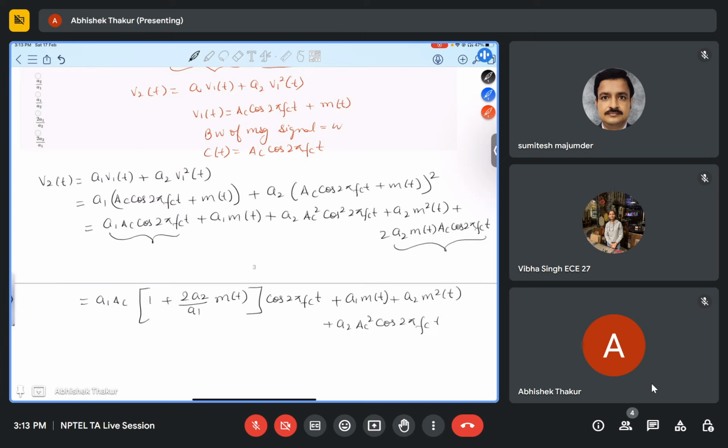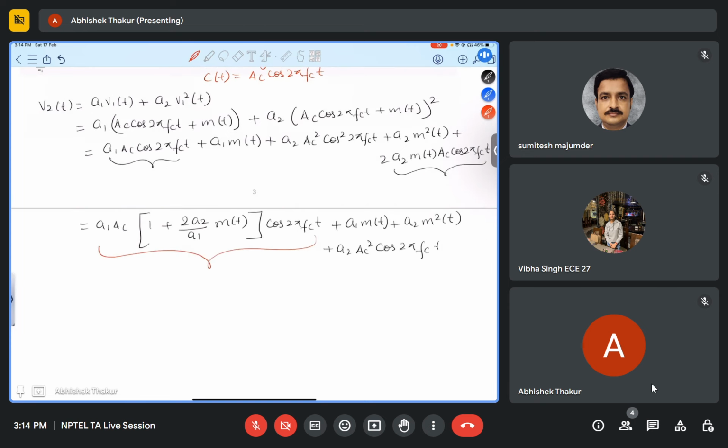Now here you can see the first term is the kind of AM signal, and the carrier frequency is fc. So this is the carrier frequency fc that is required in this question, and the remaining terms will be filtered out.